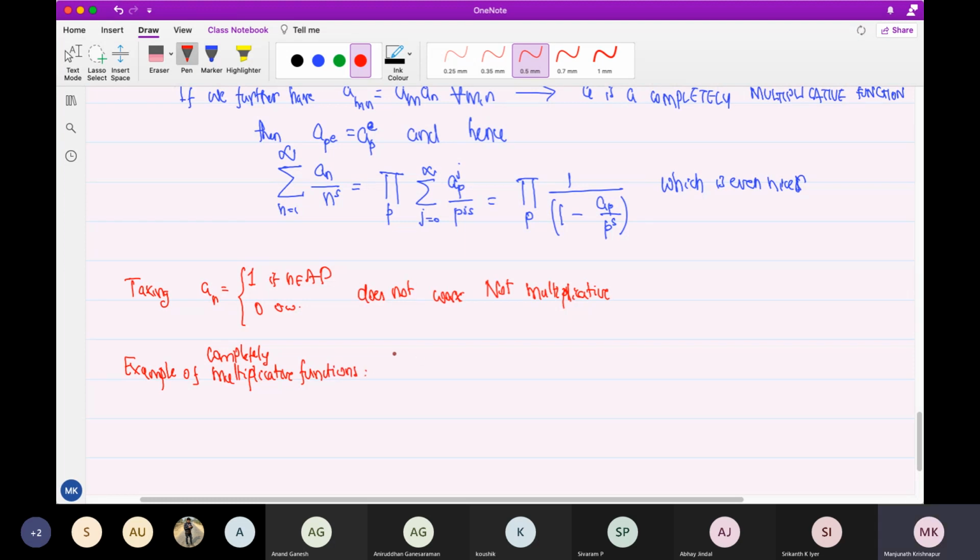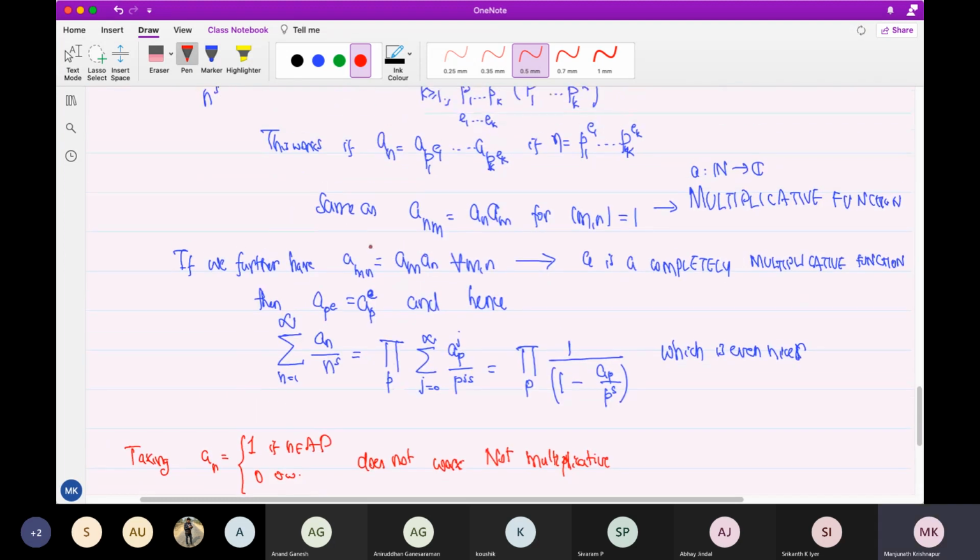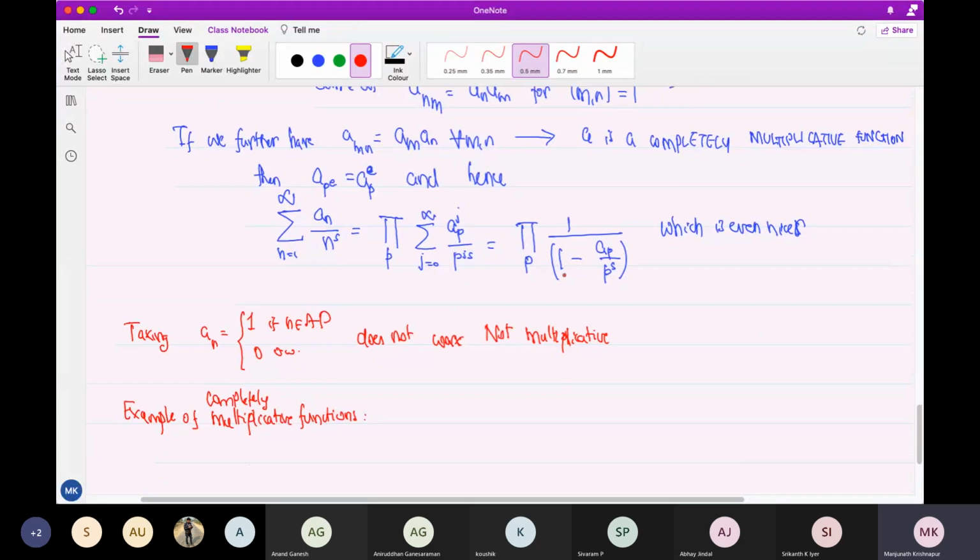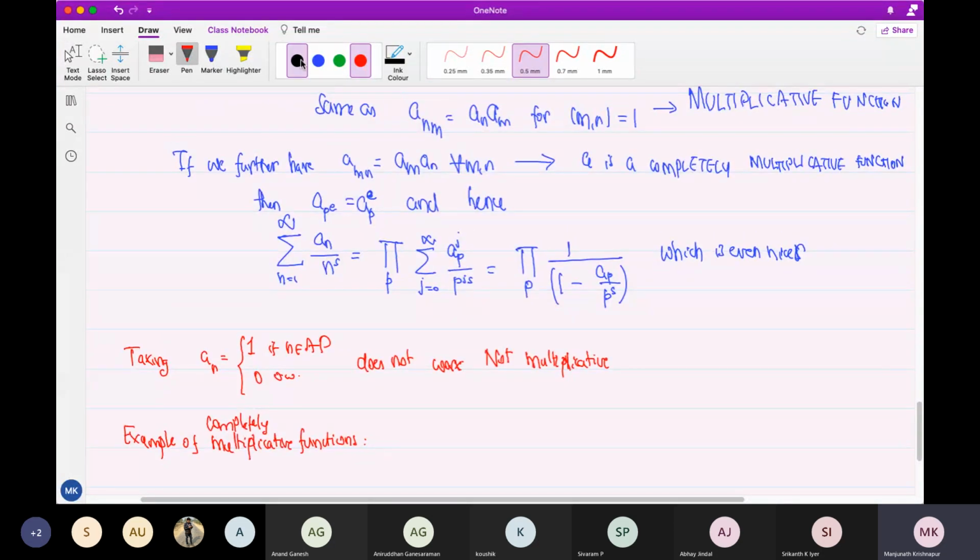These will be the ones of interest, but just to tell you, since I said these things, there are many functions which are multiplicative but not completely multiplicative. A very famous one, which you may have seen in elementary number theory classes, is the Mobius function.